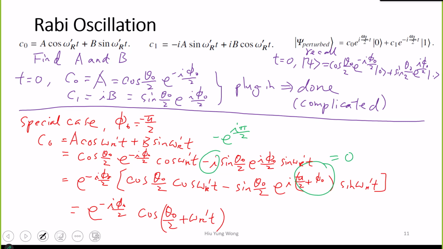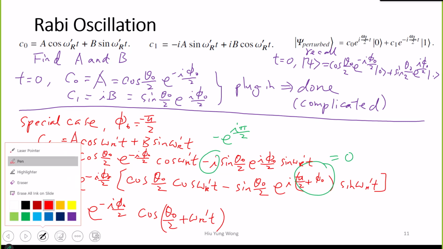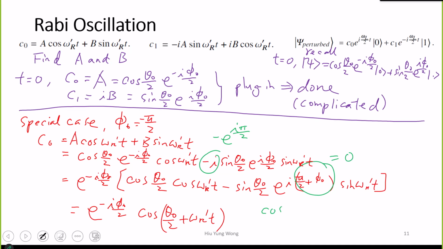Is this okay? Maybe not, right? What I'm doing is cosine A cosine B minus sine A sine B equals cosine A plus B. Again, I don't expect you to memorize it. No need to write this in the cheat sheet either. But I'm using this equation.